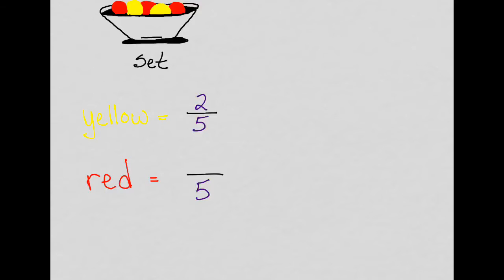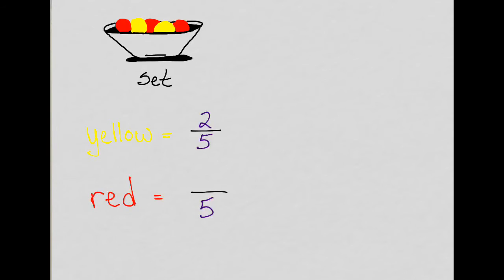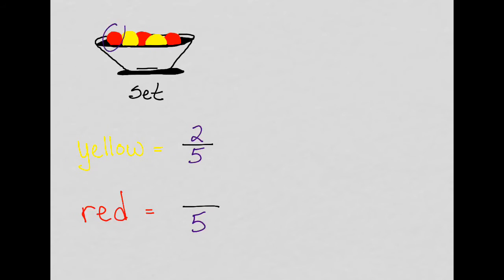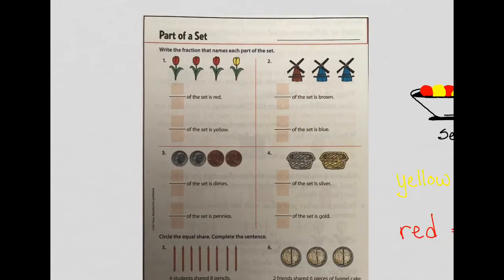How many out of those 5 are red? 1, 2, 3. So we will put 3 on top of the 5, and that reads 3/5. Or you could think in your mind, 3 out of 5 are red. Okay, so that is what we are going to do on our work page.